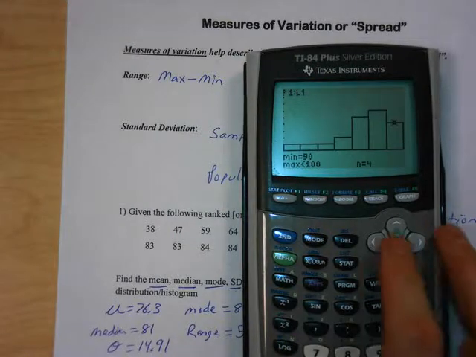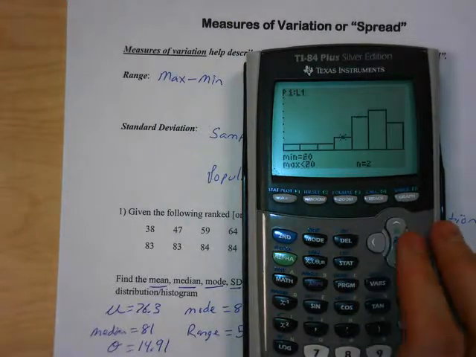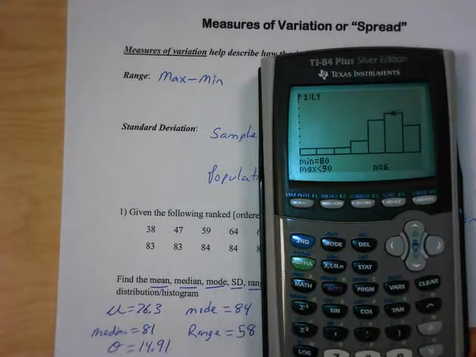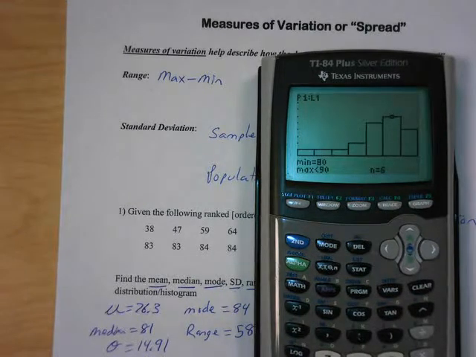Again, the mean of 76.3 is in the interval from 70 to 79. The median, which was 81, is in the next one, so the middle number is in the 80 to 89 interval. And it's also the one that includes the mode.